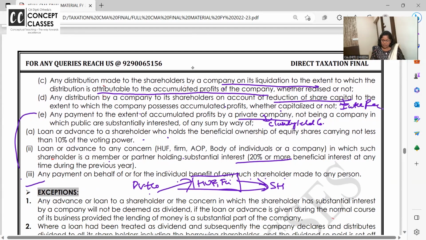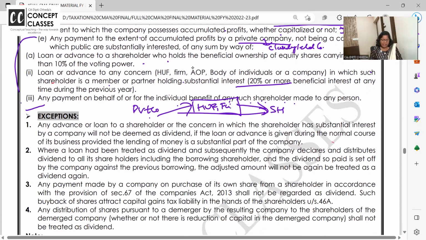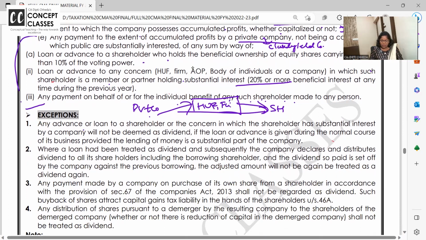Loan or advance to shareholder who holds the beneficial ownership of equity shares carrying not less than 10% voting right, or loan or advance is given to a concern in which the main beneficiary or partner who is having more than 20% share, वो तो shareholder खुद है, or any payment on behalf of or the individual benefit of such shareholder. ठीक है?